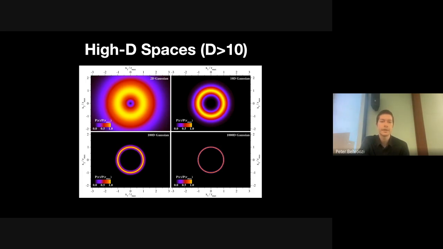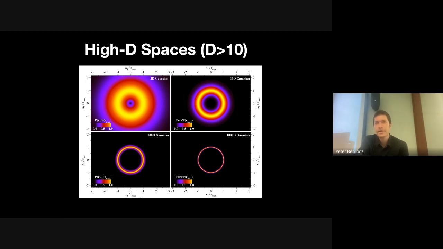So the yellow here corresponds to the radius of maximum probability, and then the other colors correspond to various fractions of that maximum. And so what you find is for a 2D Gaussian, you have a lot of different radii that are similar in magnitude to the probability of the maximum radius. But as you go to a 10D Gaussian, then that range shrinks. 100-dimensional, it shrinks more, and 1,000-dimensional Gaussian, it shrinks more.